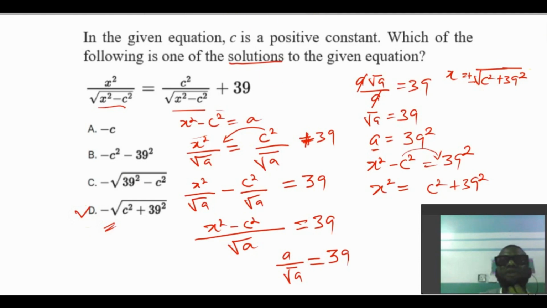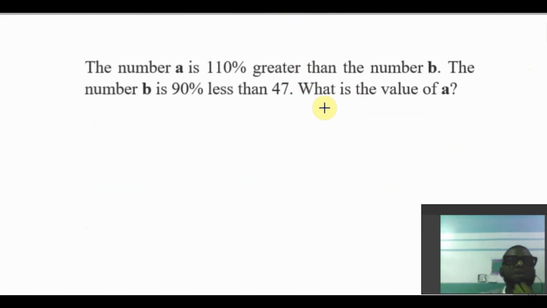So let's go into the next question. The number A is 110% greater than the number B. So number A will be 110% of B, then plus the number B, because greater is plus.